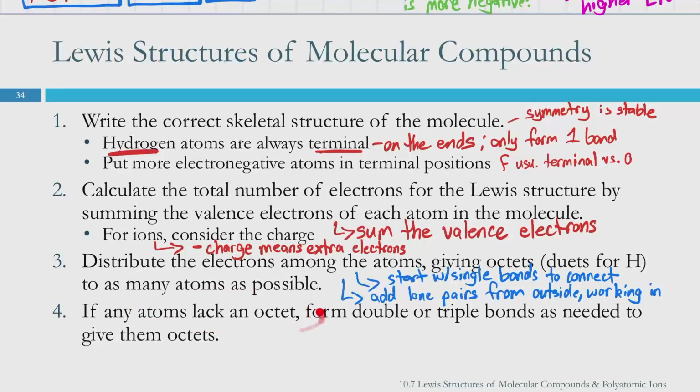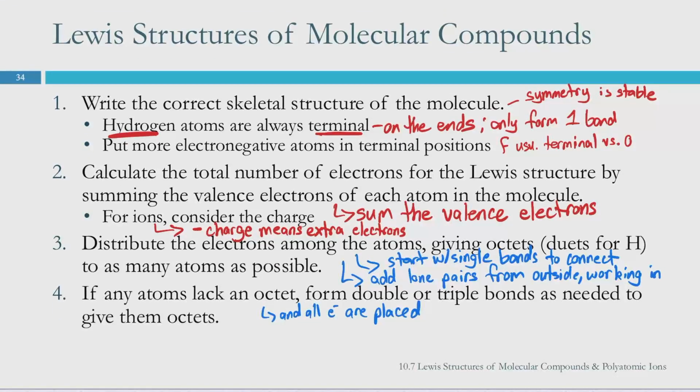And then at that point, once all of our electrons are placed, if any atoms lack an octet, we can form double or triple bonds to give octets.